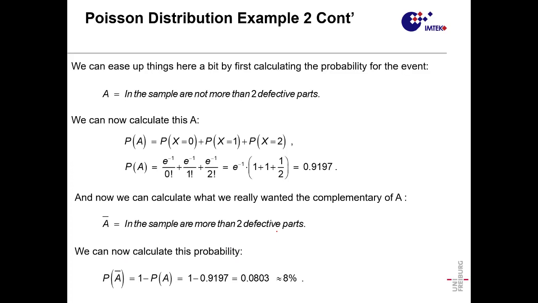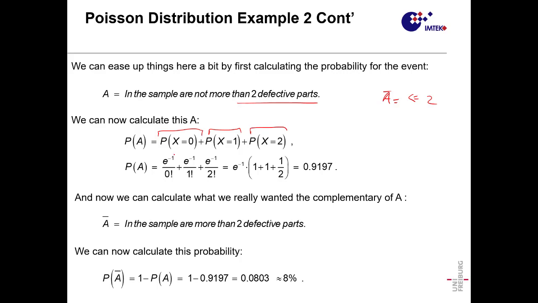And so let's say that you are interested in having more than two defective parts. Then for more than two, you can calculate the complement, which would be having less than or equal to 2. So that's what we do here. The probability of having 0 defective parts, the probability of getting 1 defective part, and the probability to get 2 defective parts.